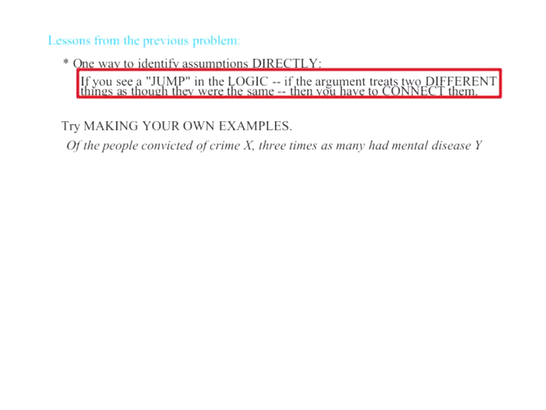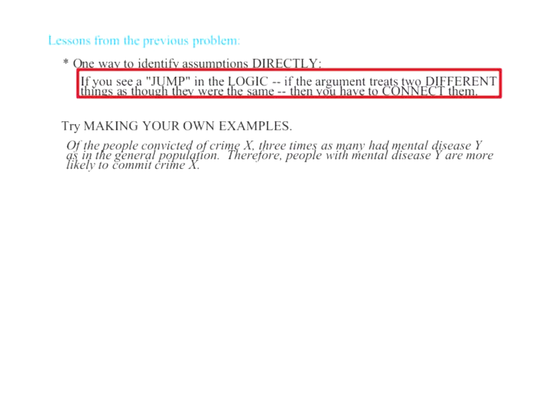Therefore, people with mental disease Y are more likely to commit crime X. This is my example of the same sort of problem that's in the bicycle issue.